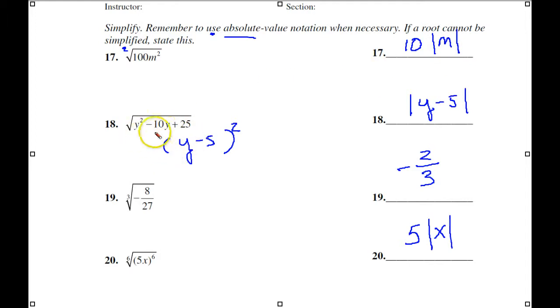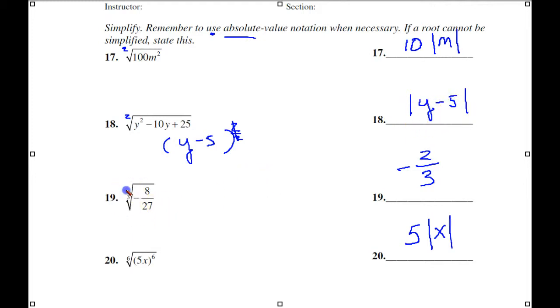Now here, this is a perfect square trinomial that we factored into that. And again, there's a 2 there. So if we divide this by 2, it just becomes this radicand. And they're putting that into absolute value.